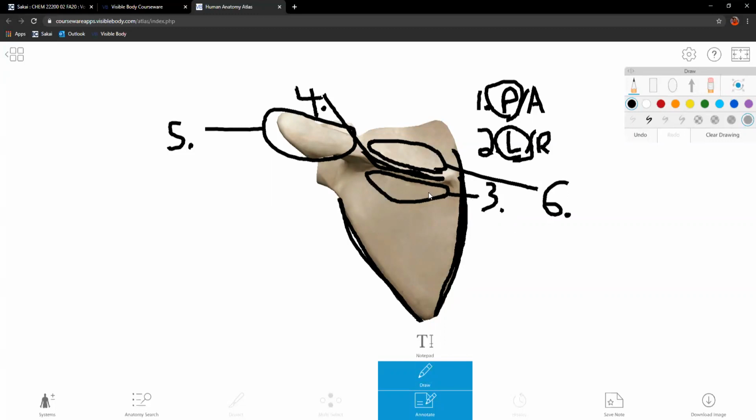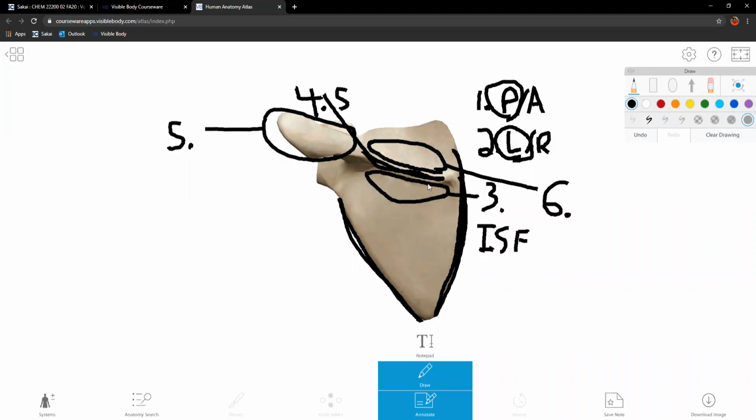All right, number 3, so this space underneath the protrusion here, this is going to be our infraspinous fossa. So infraspinous fossa, below the spine right here. Number 4, so like we said with infraspinous fossa, this is going to be the spine itself.